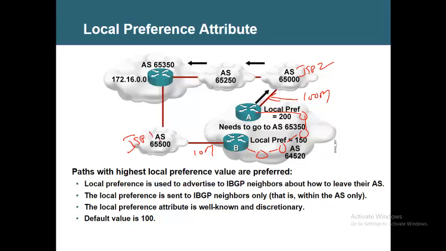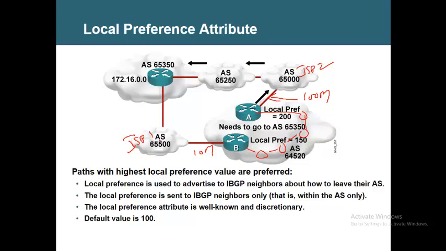ISP1 and ISP2, I prefer ISP2. The reason is ISP2 has guaranteed me security. They said we'll encrypt your traffic. I like to go via ISP2 because I got more benefits, not only bandwidth. So I don't care whether it is 3 hops or 10 hops. I prefer ISP2 over ISP1.